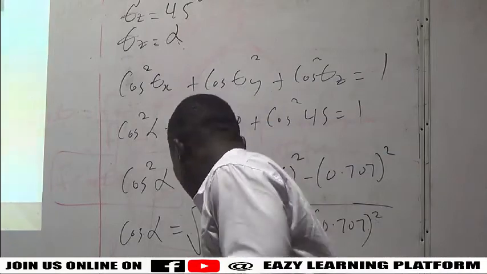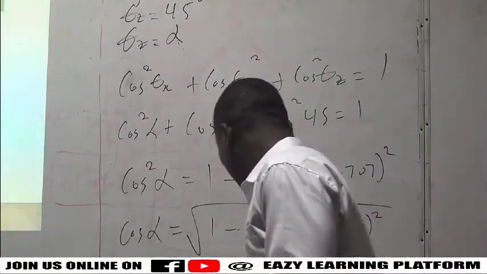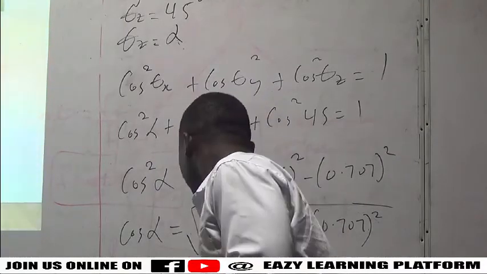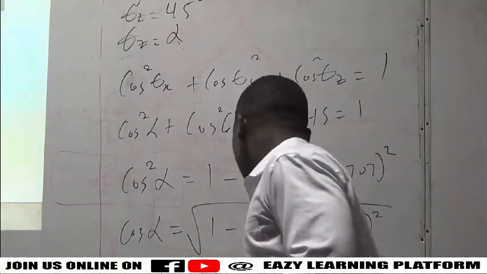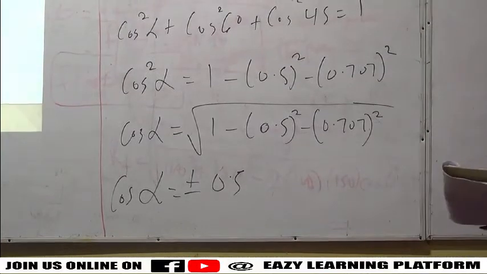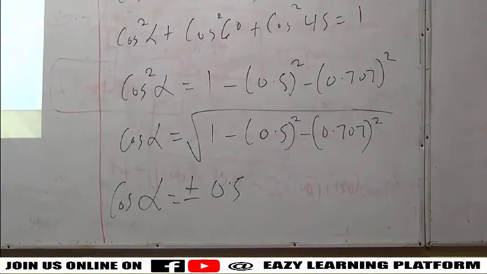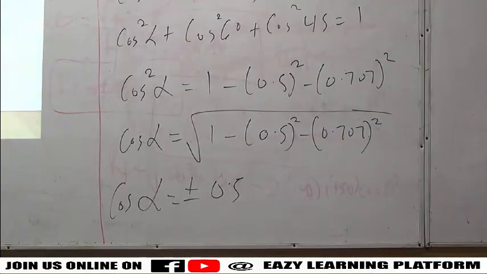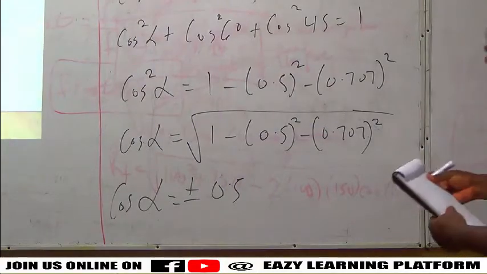Now, what is alpha? Cos alpha is equal to plus or minus 0.5. How do you find alpha? We find the cos inverse.